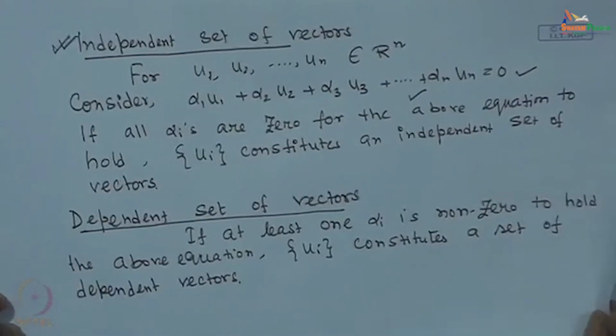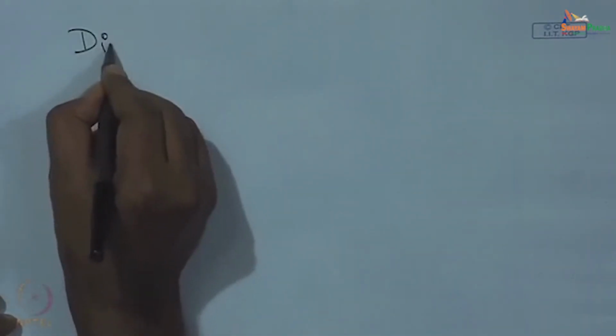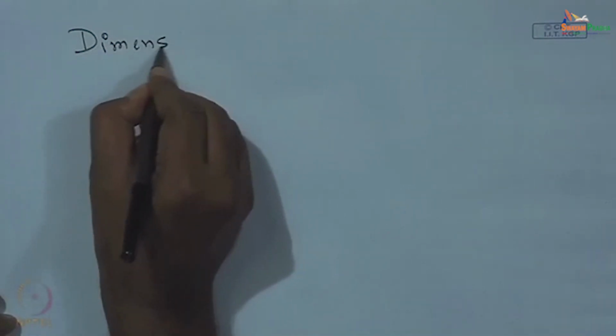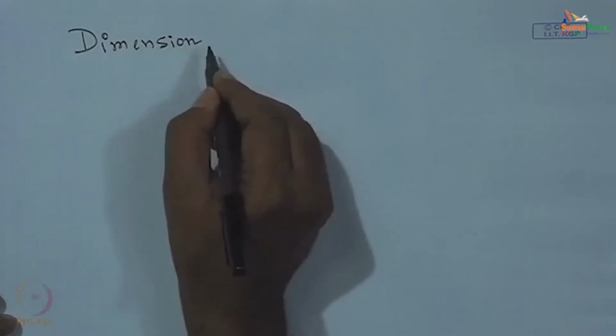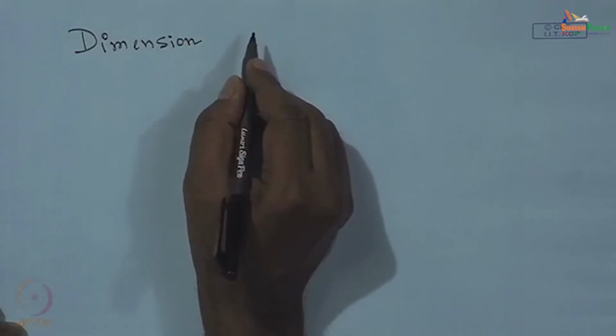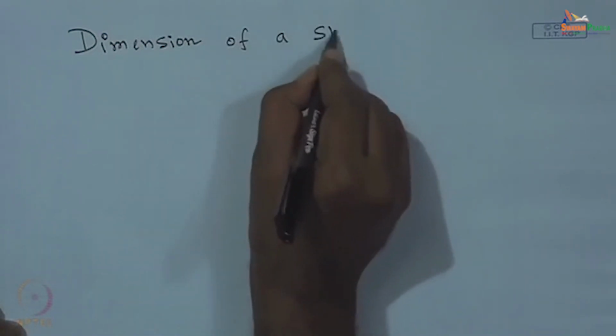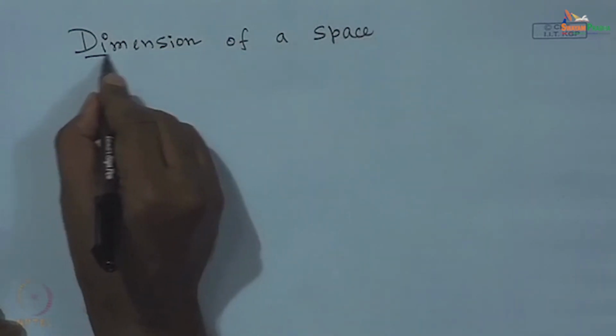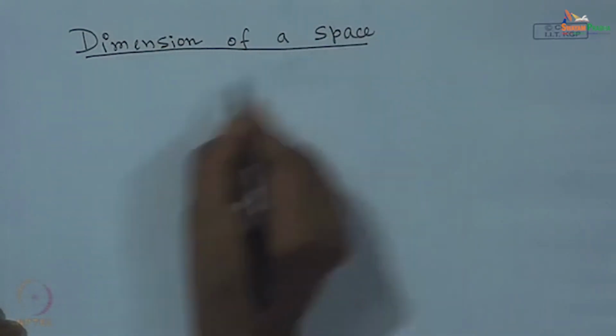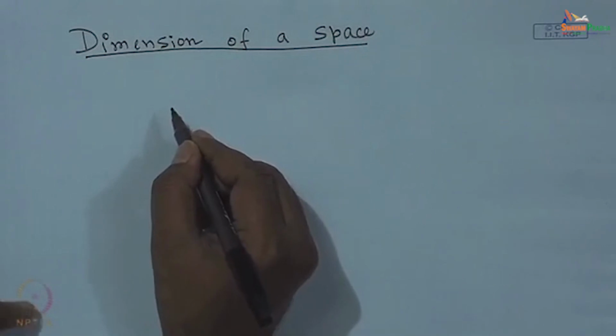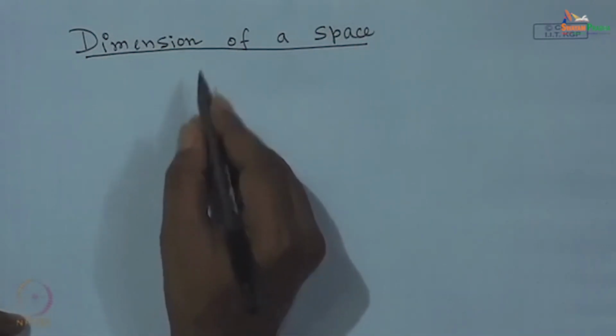Next, we talk about the dimension of space. We will look into actual chemical engineering applications after defining all these concepts clearly. We call the dimension of space x.